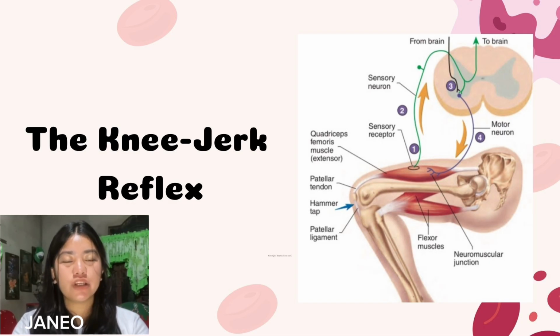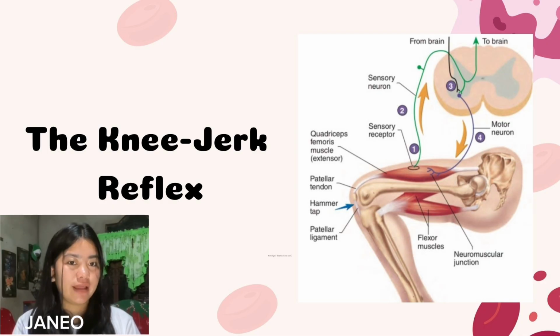When the patellar tendon is tapped, stretch receptors in the quadriceps muscle are activated. The sensory input immediately synapses with a motor neuron in the spinal cord, causing the muscle to contract and the leg to extend. It's a monosynaptic reflex, meaning it involves only one synapse between the sensory and the motor neuron.